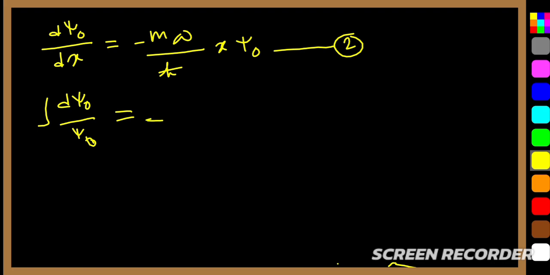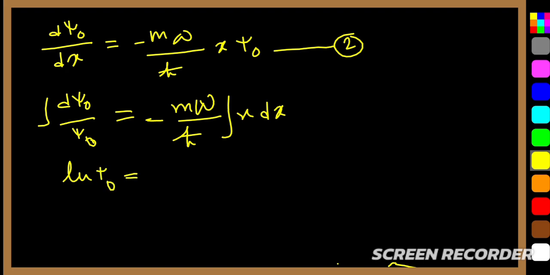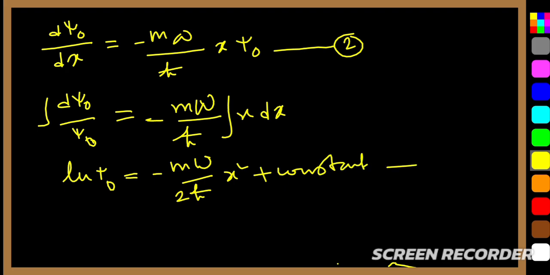So minus m omega by h cut integration x dx, or ln psi 0 equal to minus m omega by 2 h cut x square plus constant. That is the third equation.